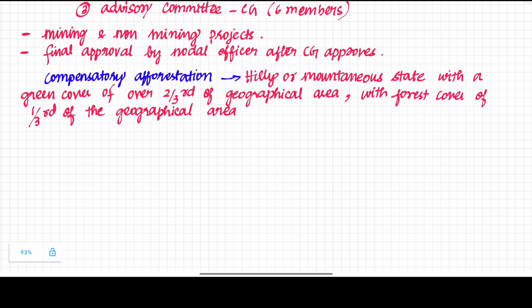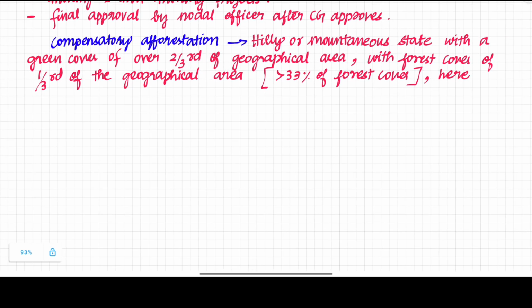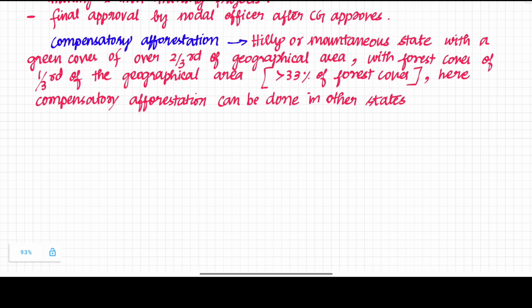So basically, when a state has more than 33% forest cover, a state that already has forest cover, compensatory afforestation for a project in this state can be done in other states or union territories where the cover is less than 20%.